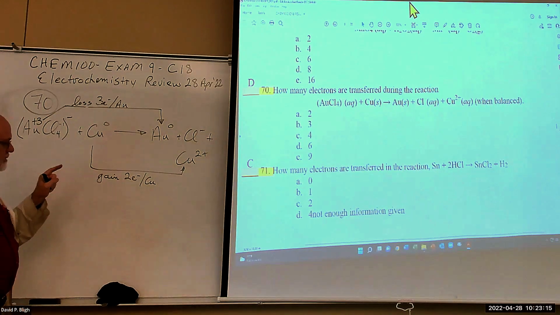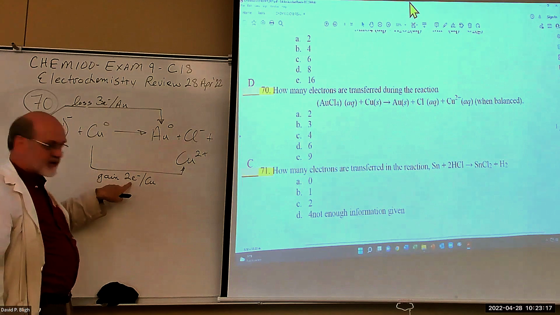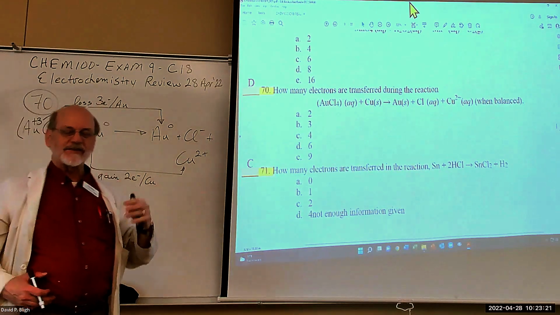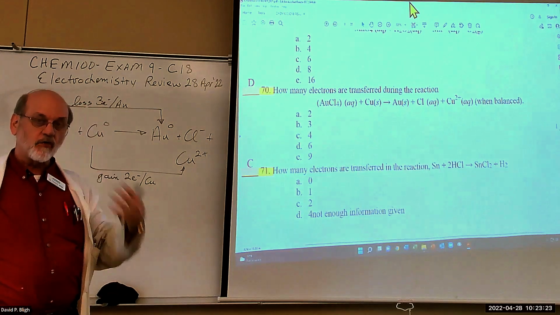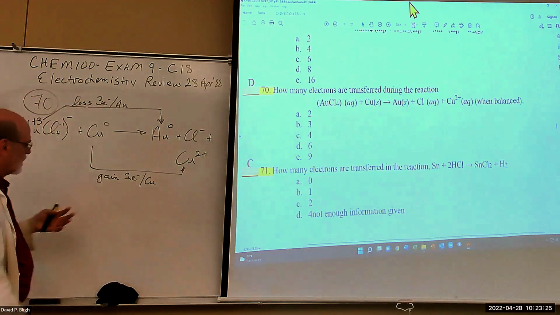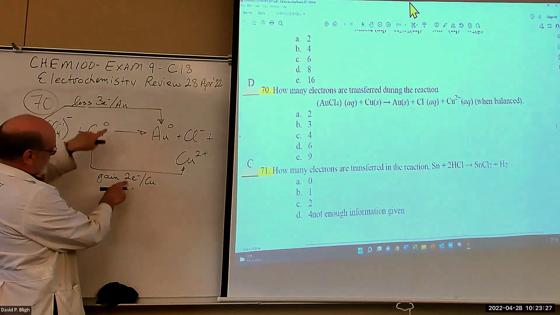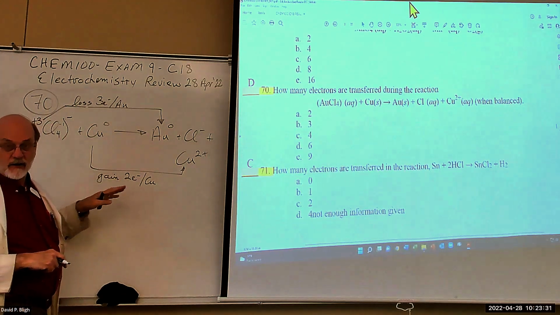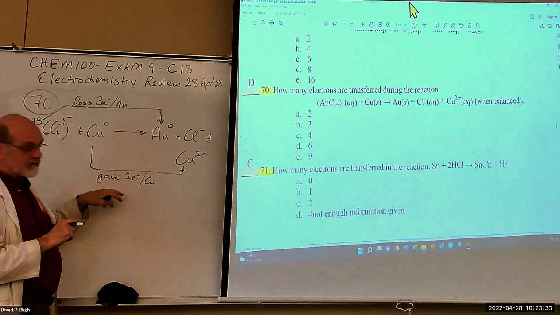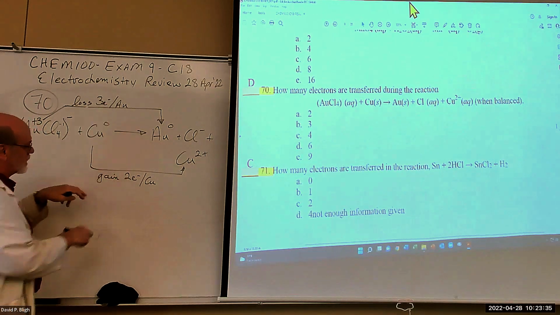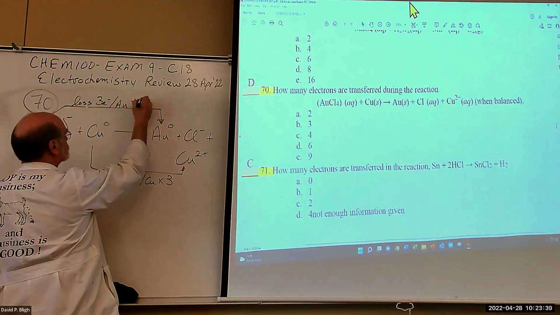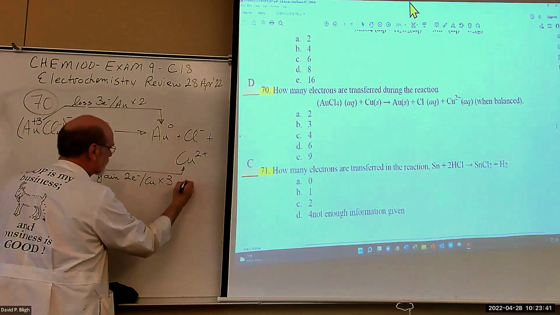Okay, notice that this is an even and this is an odd. So how do we reconcile an even and odd? We cross multiply. What's the common denominator in mathematical terms? 6. If we multiply this one times 3, and this one times 2, then we'll get 6 electrons.